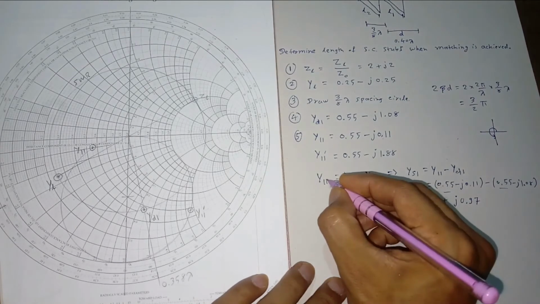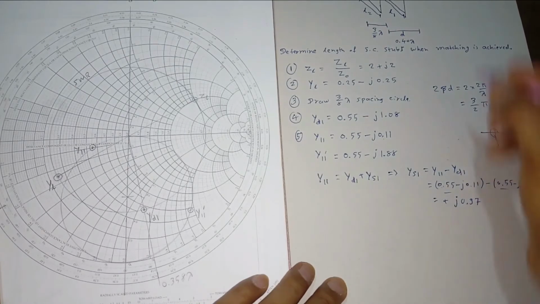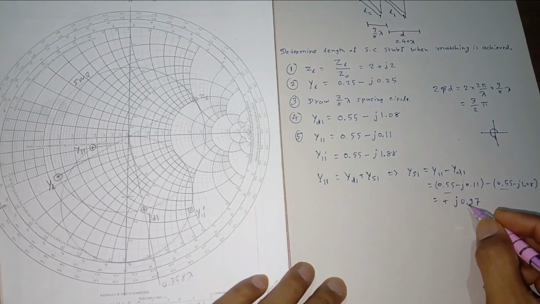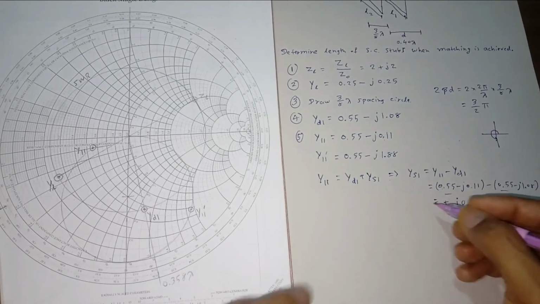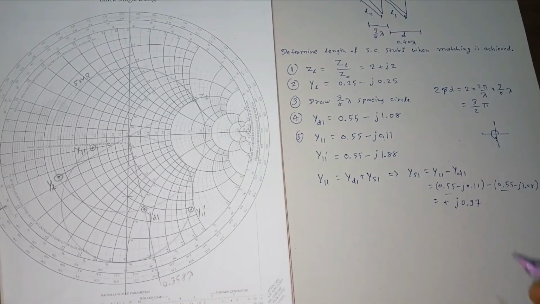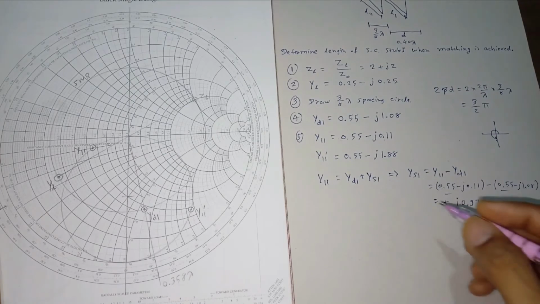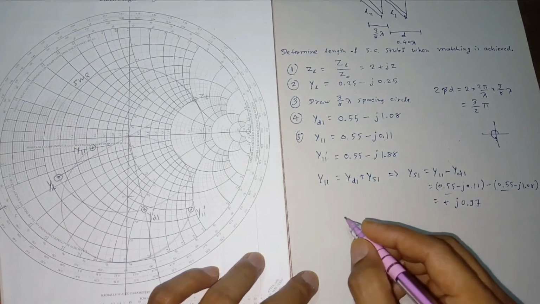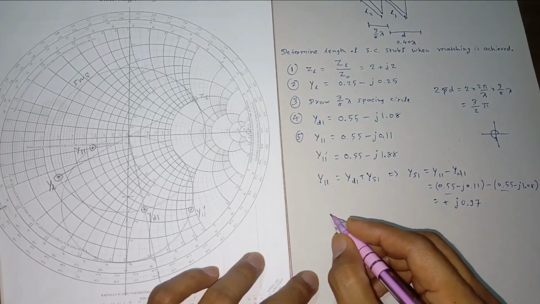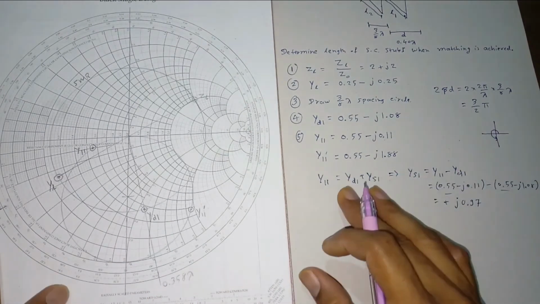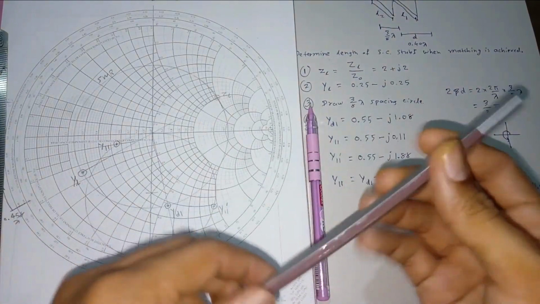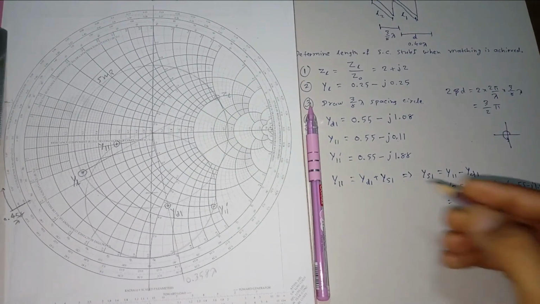To find the length of the first stub, we will use this positive susceptance. If the first stub contributes this positive susceptance of j 0.97, then we can match the admittance at the transmission line. So let us mark this point on the Smith chart. Mark the point plus j 0.97.